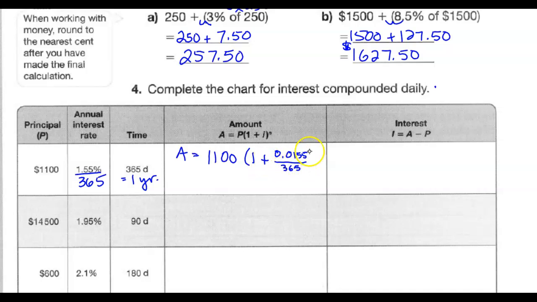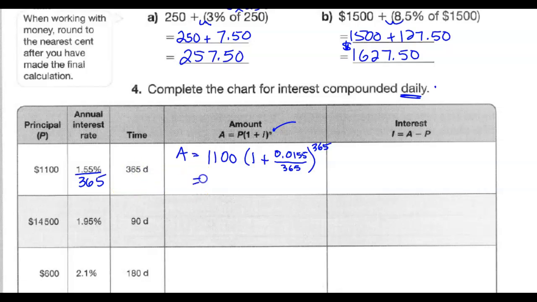Okay, and it's 1 plus that. Then the number of times, if this is compounded daily, then the number of times it compounds is 365, because that's what the time is. So we don't really need to do this in years here because of the question.